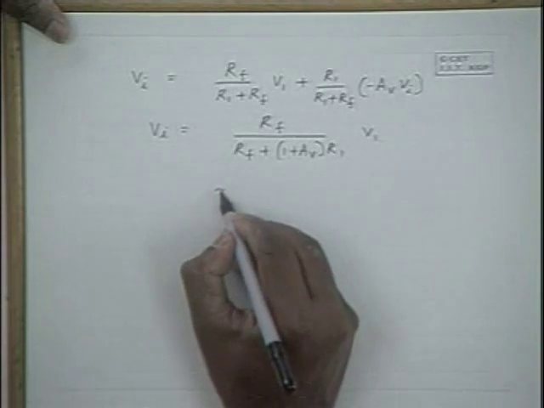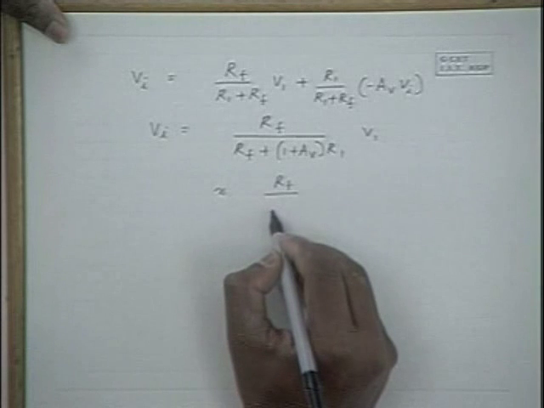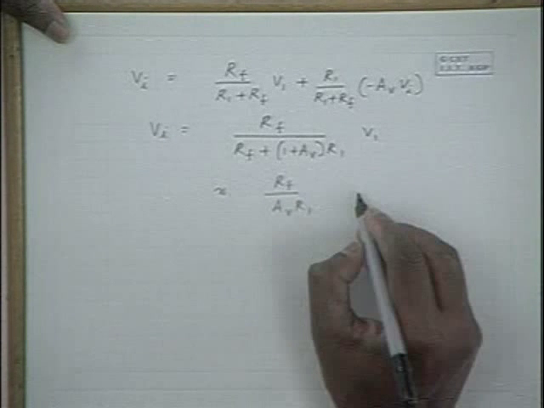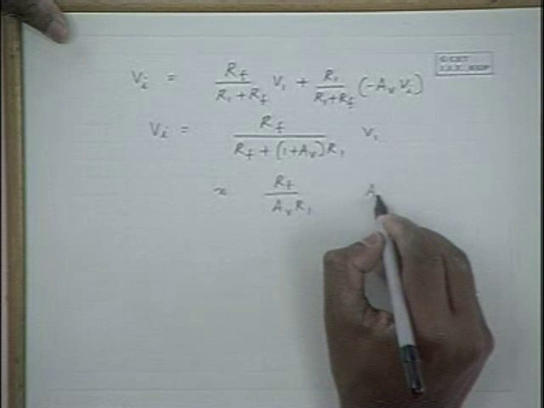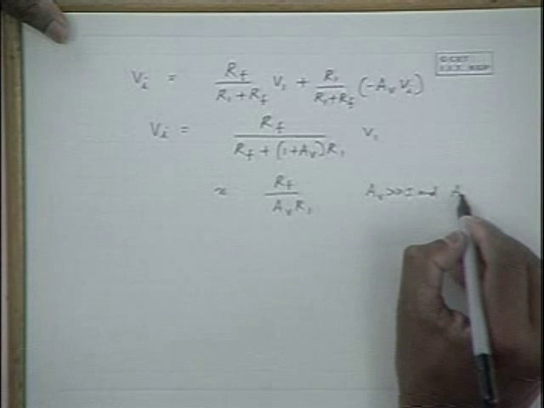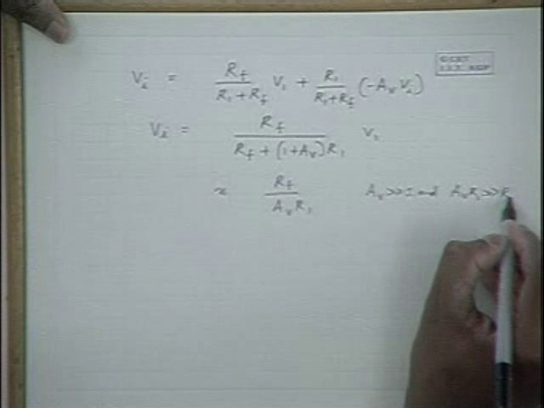And this is approximately equal to RF by AV R1 itself, when AV is much greater than 1 and AV R1 is much greater than RF.